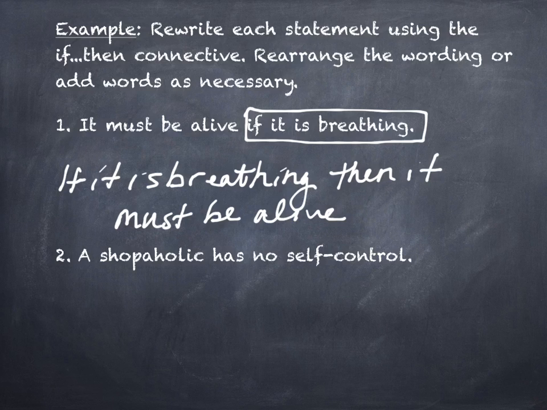Now, part B, or number 2 here, has a different issue. The issue it has here is that I don't see a word if at all. Do you? No. But it's implied in what's written. So what we're going to do is we're going to rewrite it so that we explicitly see the if.